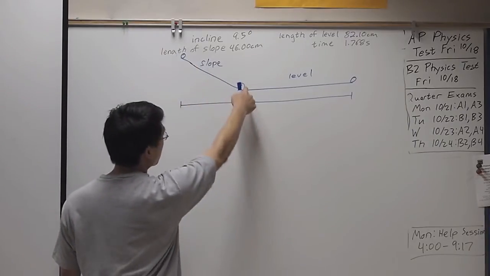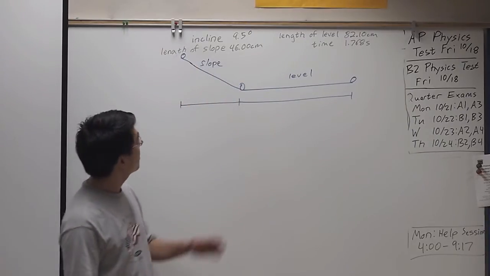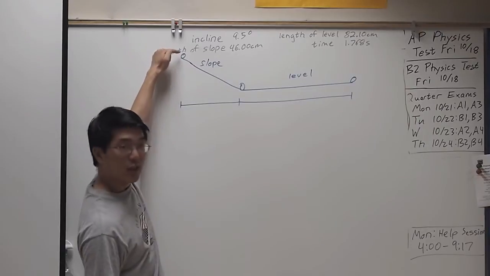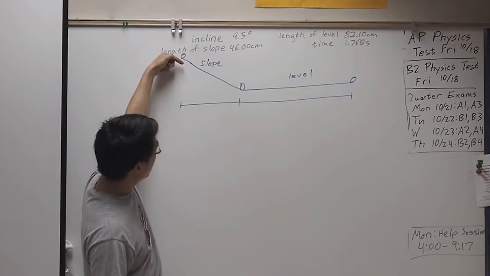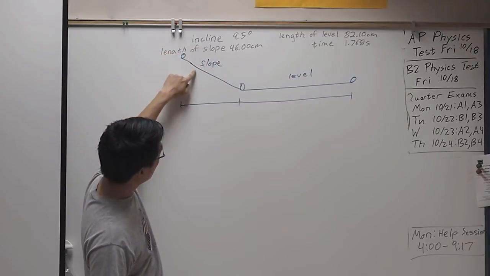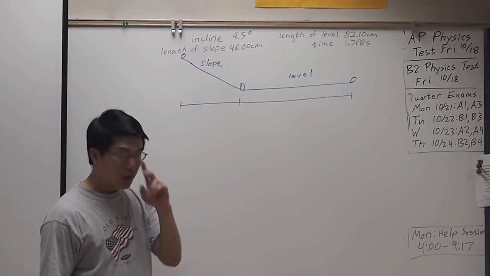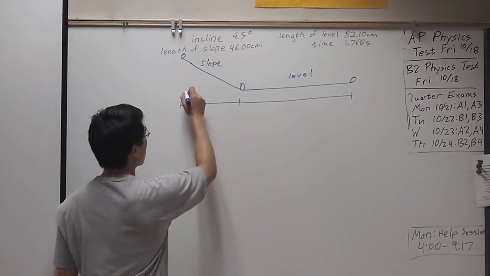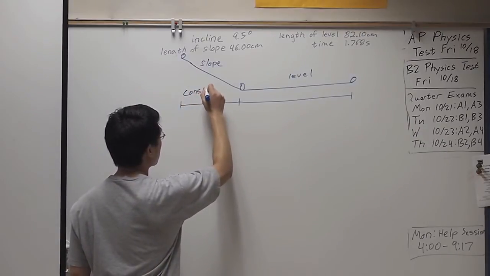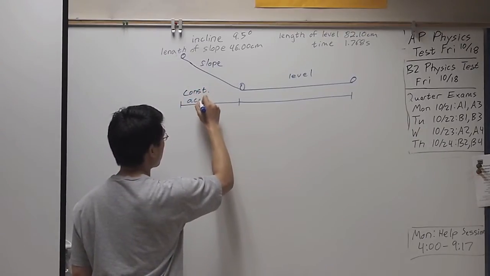So as you descend the slope, either sliding or rolling down a slope with constant incline, like this one, is an example of motion at constant acceleration.